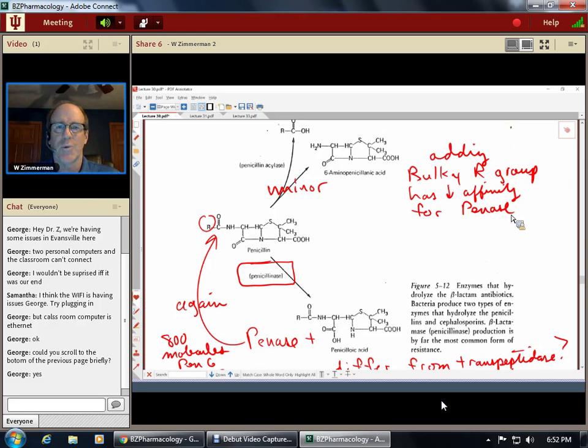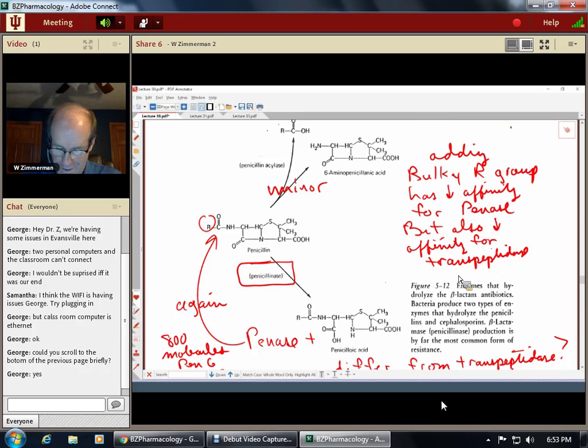The penicillinase can't come in so easily if that R group is really large. You might think, well, that's great. It is great. But if you decrease the penicillin's affinity for the penicillinase, you usually decrease its affinity for the transpeptidase. And if you decrease the affinity for the transpeptidase, you decrease the potency.